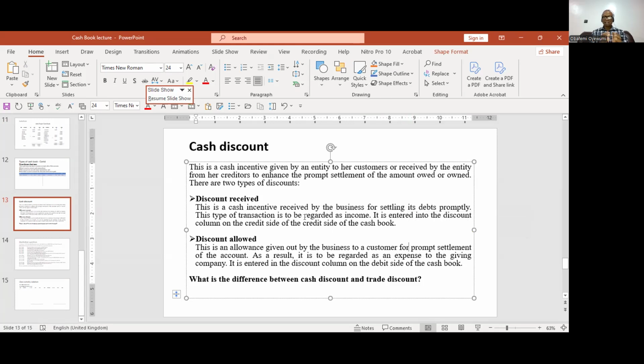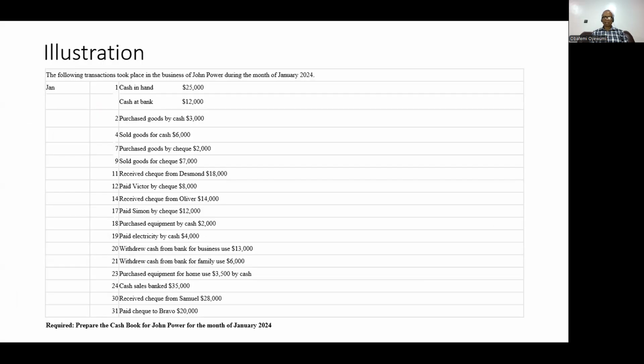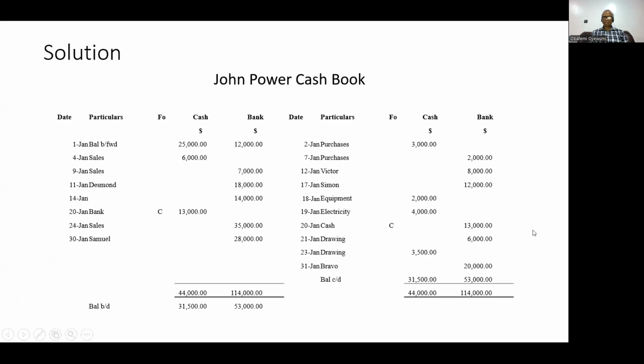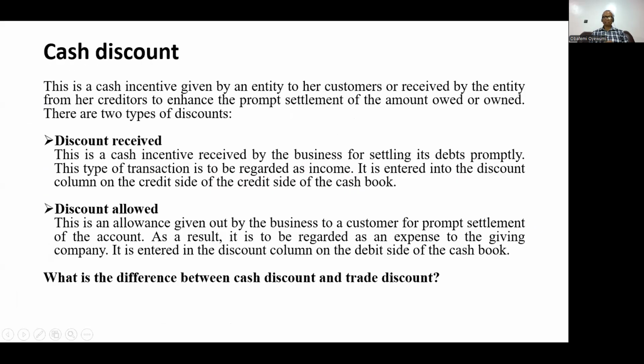So when you receive a discount because you are settling the debt promptly, we're talking about cash discount received. This type of transaction is regarded as income. It is entered into the discount column on the credit side of the cash book.